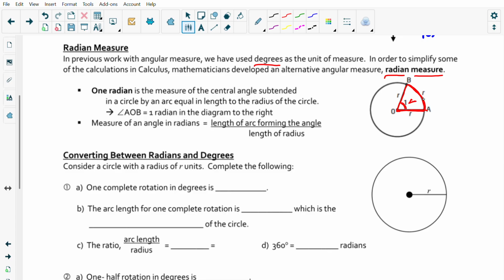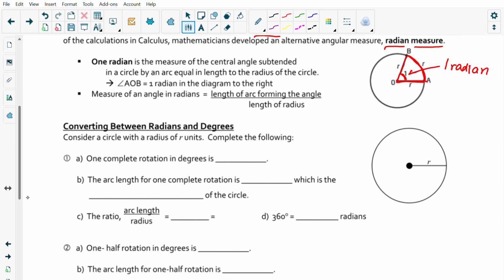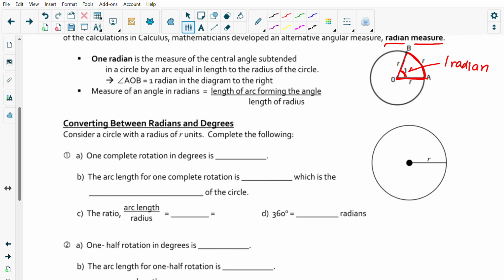Let me just make this bigger. This is 1 radian. Measure of an angle in radians equals the length of arc forming the angle divided by the length of the radius. That's the formula.